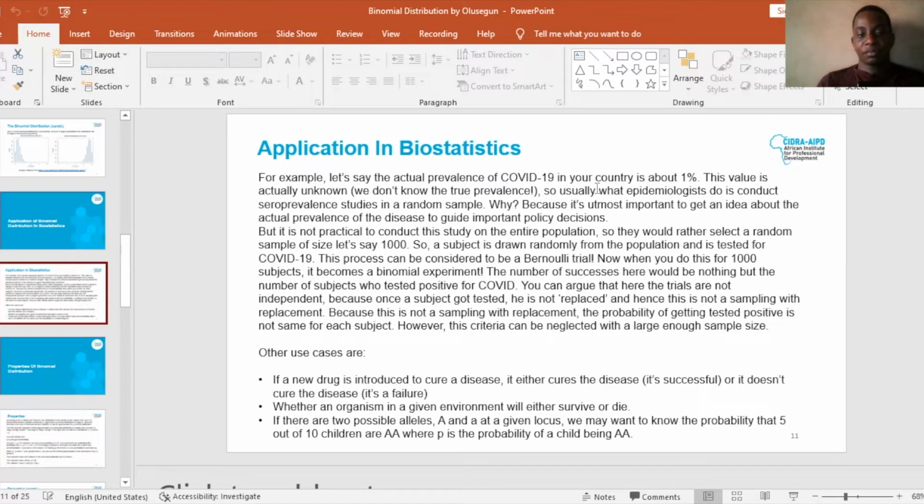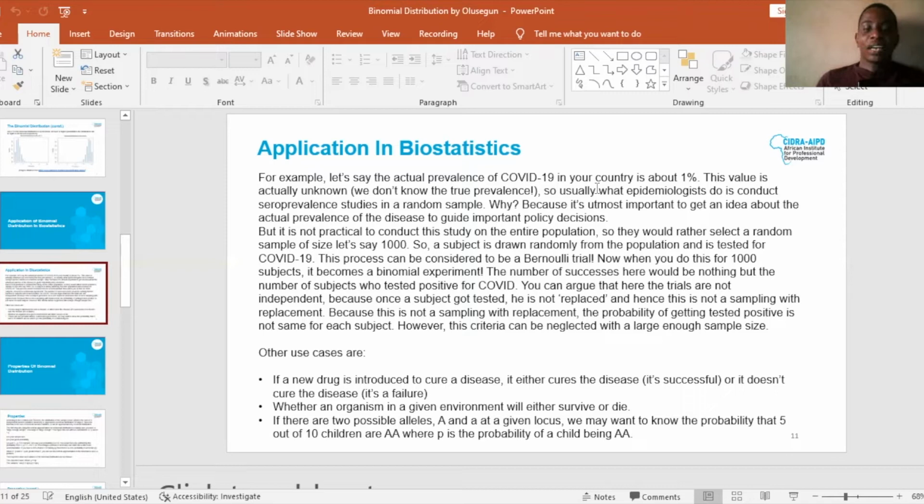distribution. Other use cases of binomial distribution are: if a new drug is introduced to cure a disease, it either cures the disease, that is success, or it doesn't cure the disease, that is failure. Whether an organism in a given environment will survive or die: survive, success; die, failure.